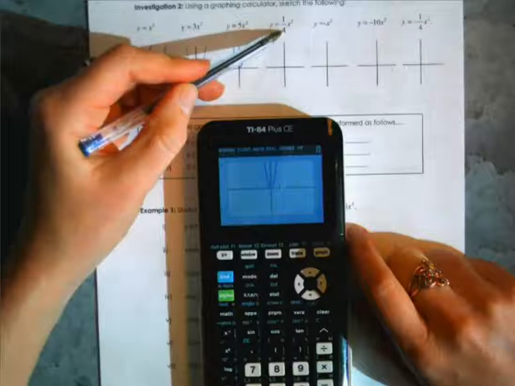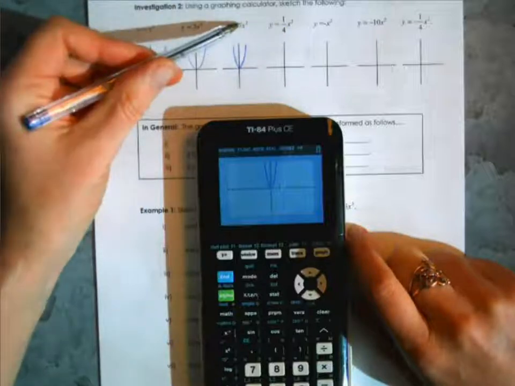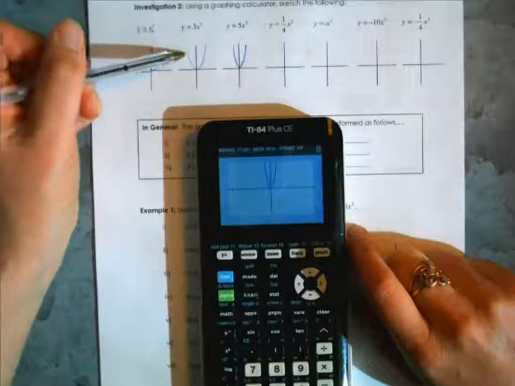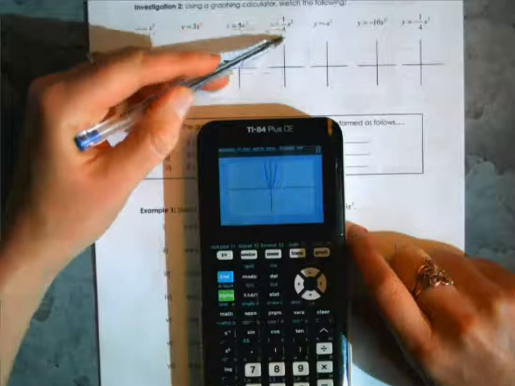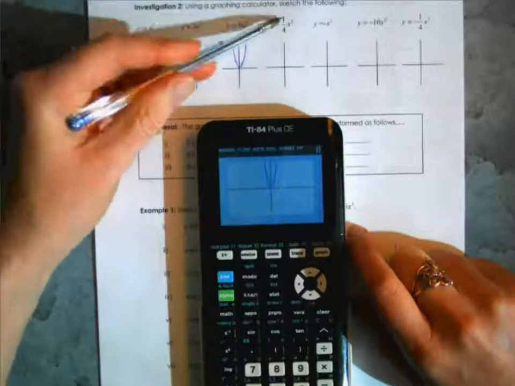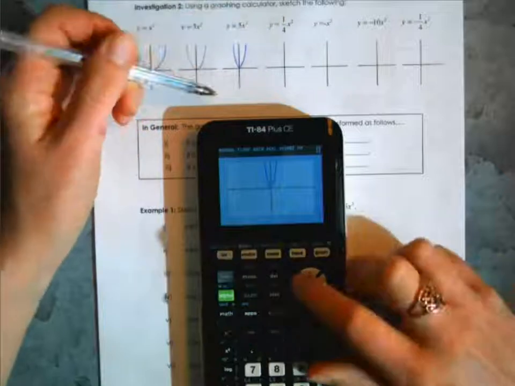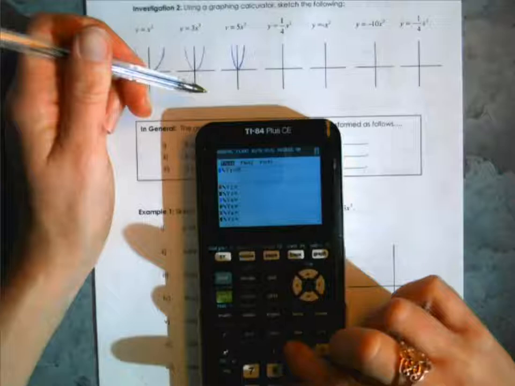Now, what happens if we go to a quarter x squared? So as our numbers have been getting bigger, what have you seen happening to the shape of the graph? It's getting narrower. So what do you think is going to happen if our numbers start going smaller, like into decimal numbers? So maybe take a guess at that, and then we'll see what happens when we put it in.